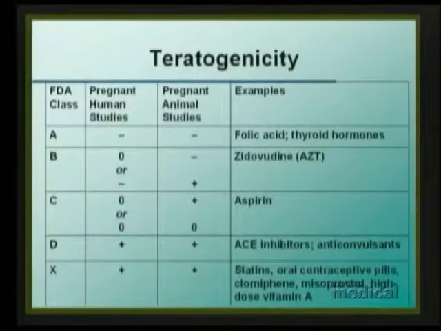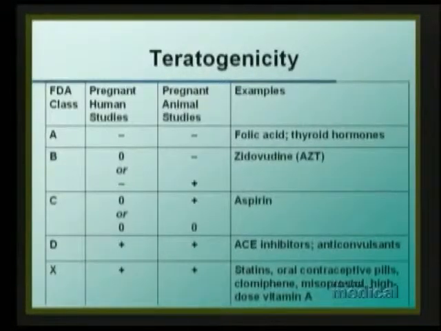Imagine at the ethical level, you cannot possibly decide that you're going to carry out a study of pregnant women and the effect of the drug on the fetus. So often the data is anecdotal. Now, we do have pregnant animal studies, and the table shows you that FDA classifies drugs in a system of letters based on the teratogenicity potential.